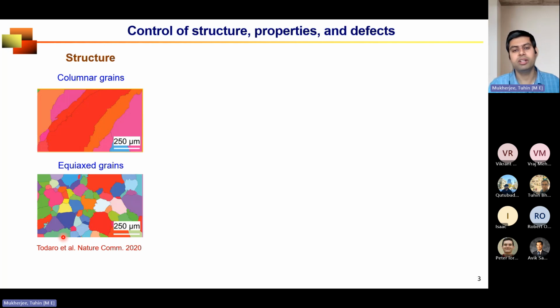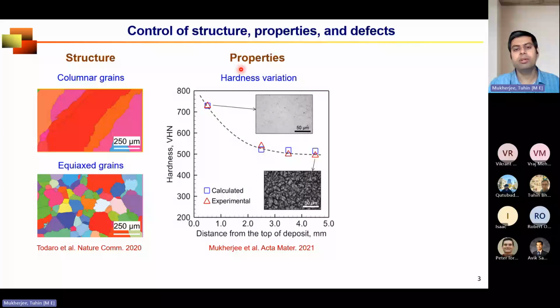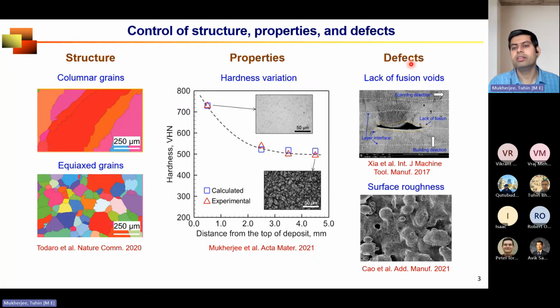The other aspect of property is the phase formation. Like for example, if you compare in the same part, in the x-axis you can see this is distance from the top of the deposit. So this is near the substrate, this is near the top of the part. You see in the same part you see different type of microstructure or phase formation that completely change the elementary mechanical properties like hardness. And the third aspect of it is defect.